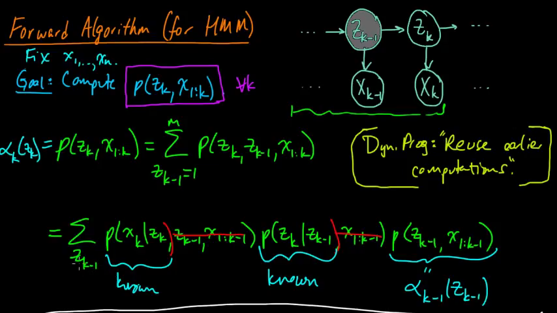We could have summed over all the z's from 1 to k, taken the marginal distribution on z1 through zk and x1 through xk and summed out all the z's from 1 to k. And rather than doing that, we were able to reuse the previous step and avoid summing all the z's from 1 to k minus 2, I guess. So that was the thing that we were reusing here, and that was what made this a dynamic programming procedure.